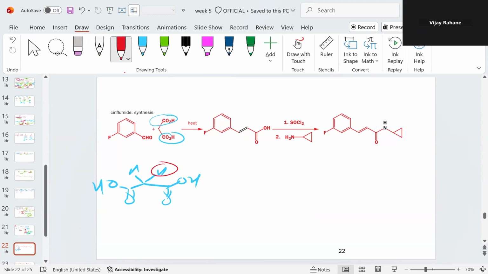So just by adding a mild base, these protons are easily abstracted from the anion at this alpha position, and this can further attack on this aldehyde.